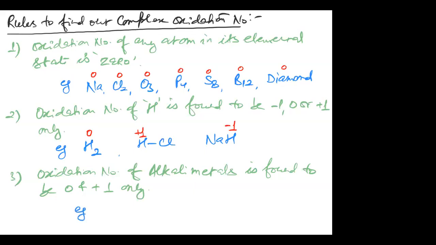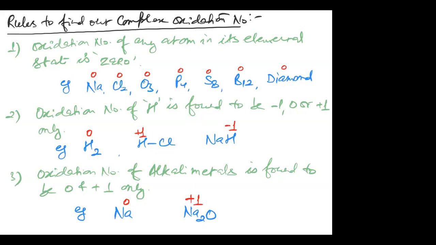For example, if it is written as sodium Na, or as, suppose, Na2O. In the case of sodium, the oxidation number is 0, and in the case of Na2O, the oxidation number is +1.